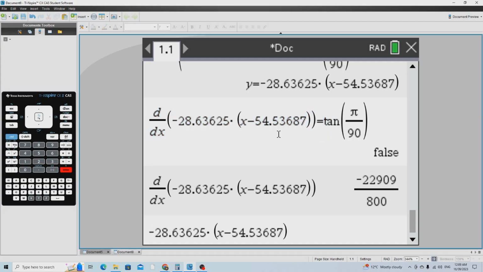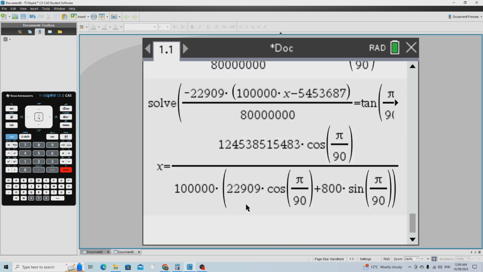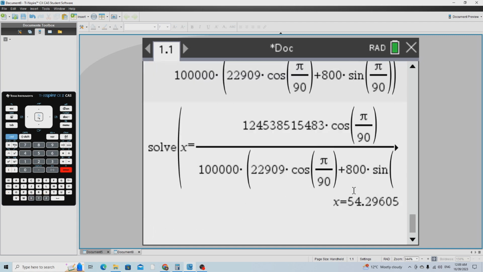Okay, so that equals tan pi 90 x plus 5. Is that right? Yep. And we want to solve that. Answer, comma x. And we get this value over here. Yep.